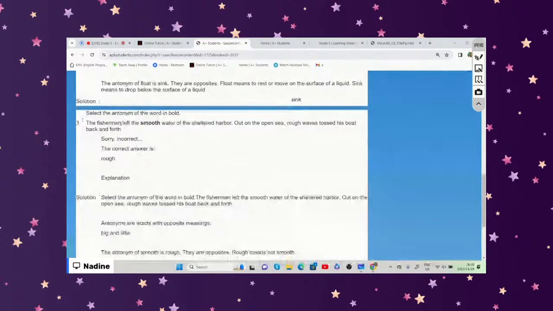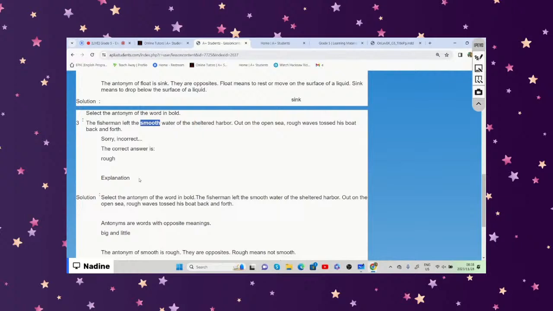The fisherman left the smooth water of the sheltered harbor. So the fisherman left the smooth water of the sheltered harbor. So smooth, what is the opposite of smooth? If something isn't smooth, then what is it?